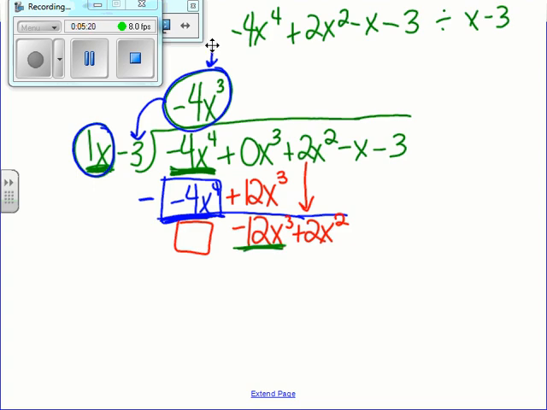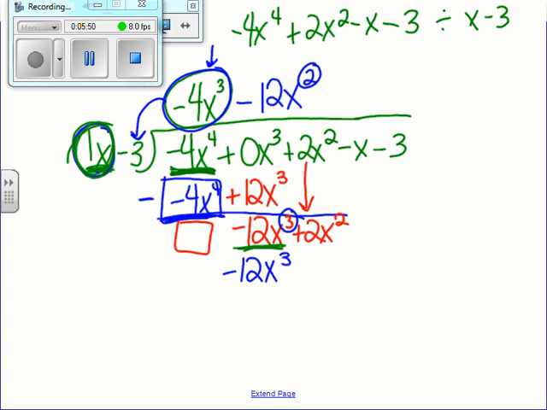I'm going to look at how many times 1x fits into negative 12x cubed. So if I put negative 12x squared up here, see how the exponent is 1 less, then I'm going to be able to go negative 12x squared times 1x and get negative 12x cubed.